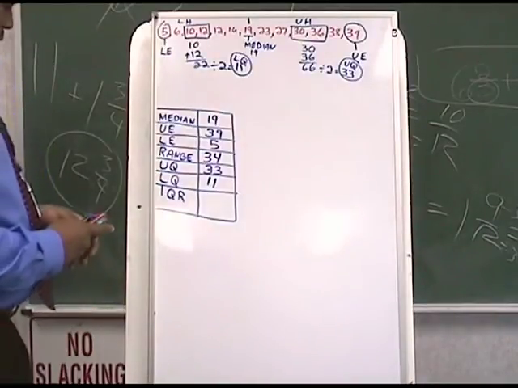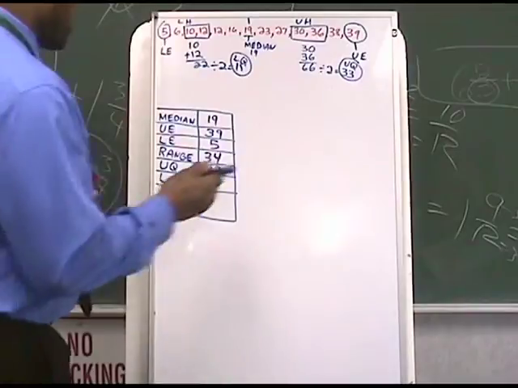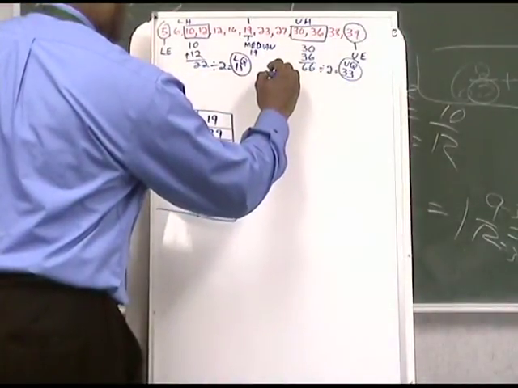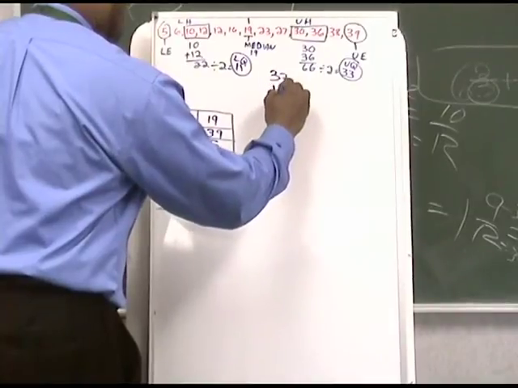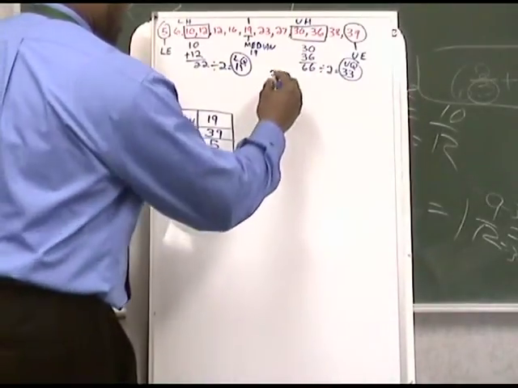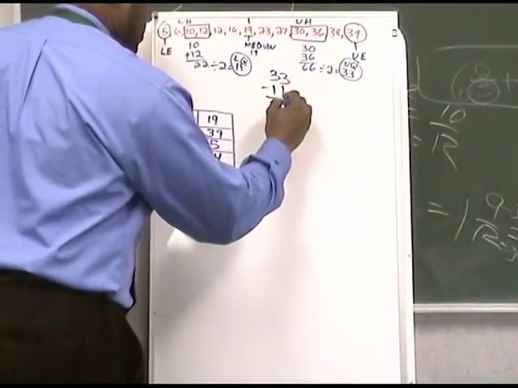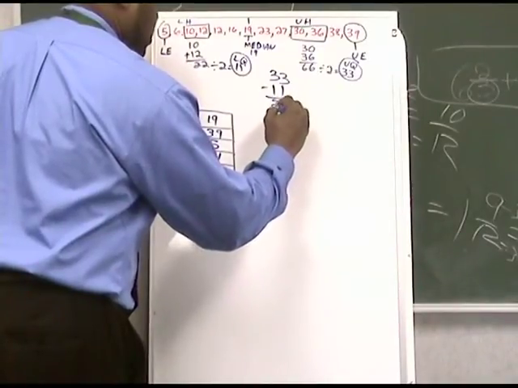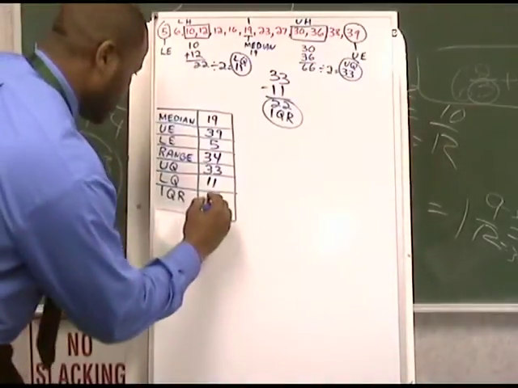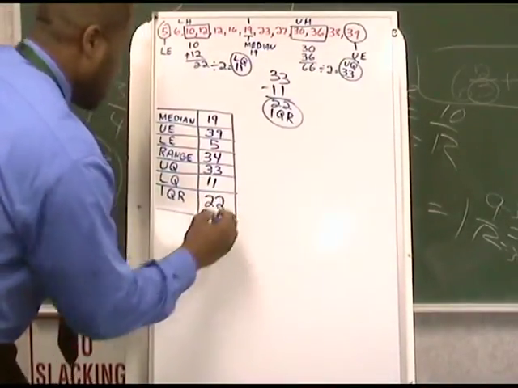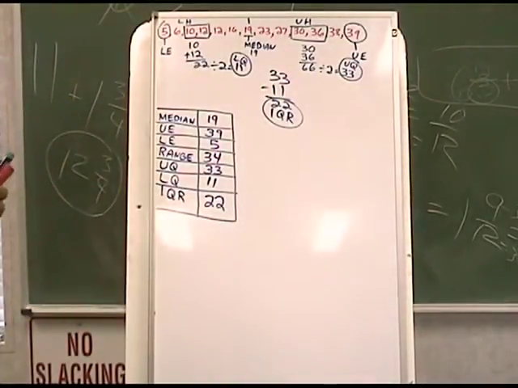The upper quartile is 33, and the lower quartile is 11. So 33 minus 11 is 22. So 22 is your interquartile range. So this is all of your data for the box and whisker plot, but we're missing one thing.